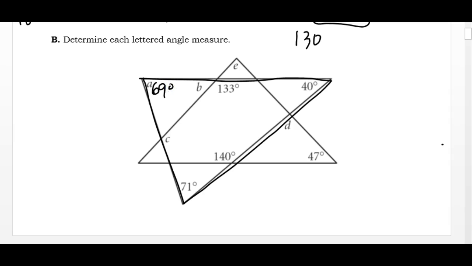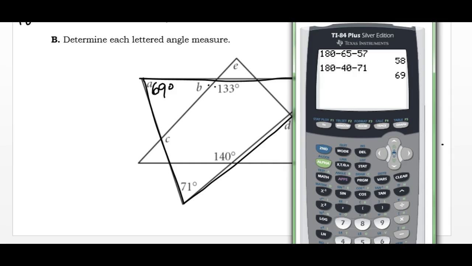I'm going to utilize this linear relationship here to know that angle B and 133 make 180.